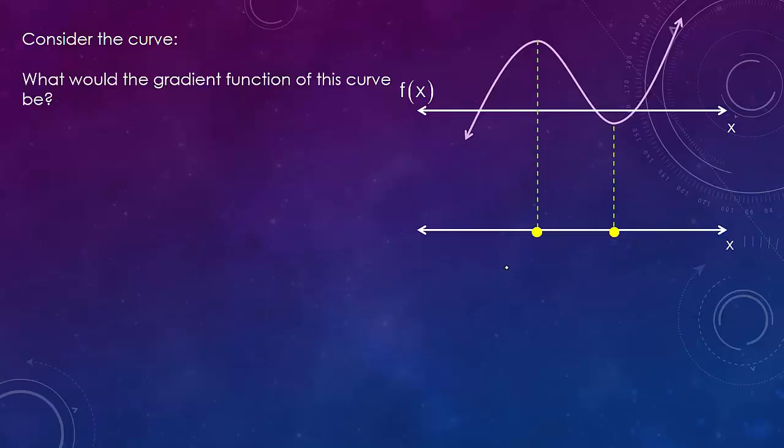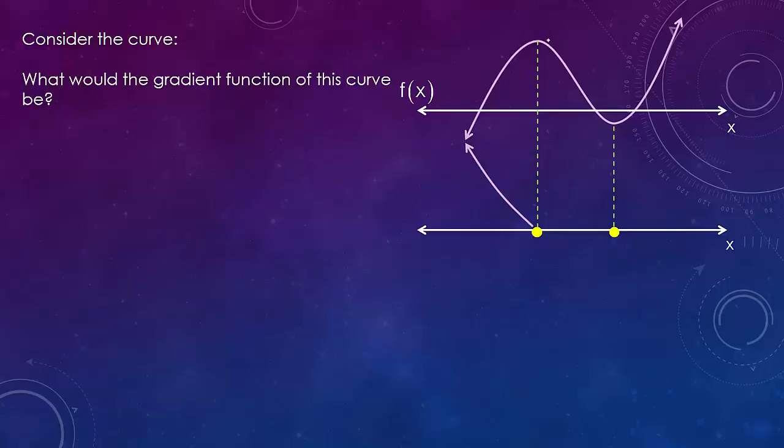Now, let's look to the left of this turning point. The gradient is positive. So the gradient function is positive, which means it's above the x-axis. So we could draw this for part of the gradient function.